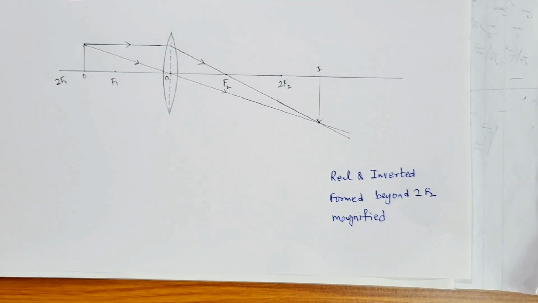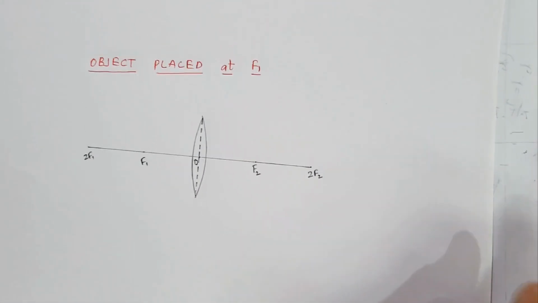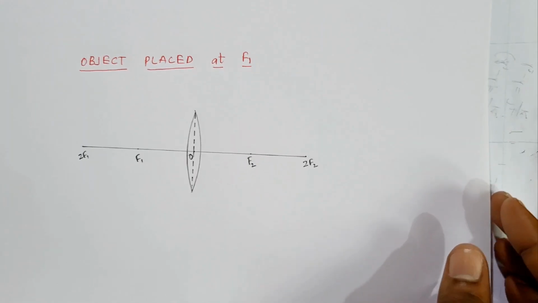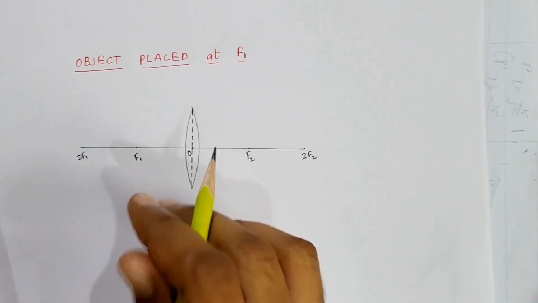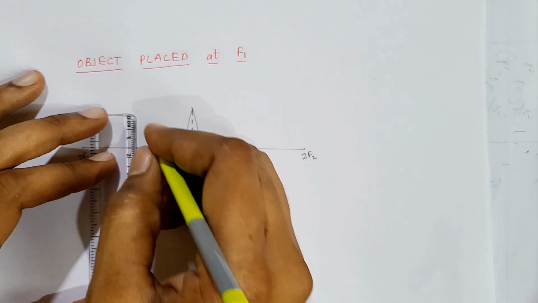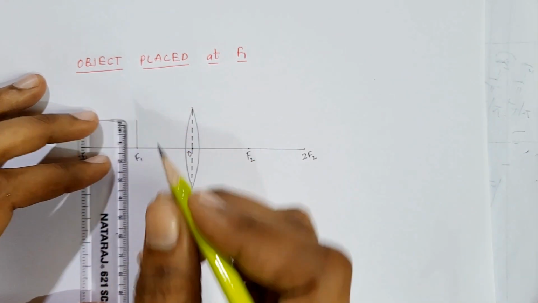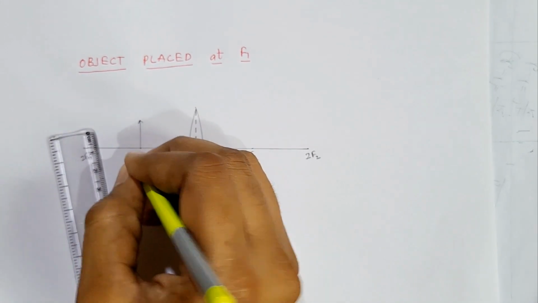Now let us take the object at f1. Object is placed at f1 now. 1.5 centimeters. Okay. 1.5 centimeters object is placed at f1. This one will be the object.